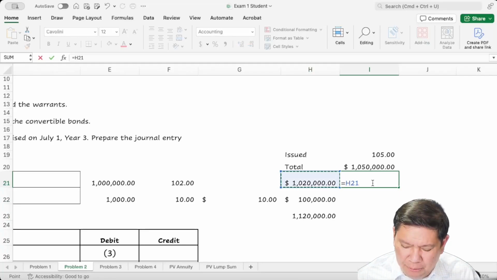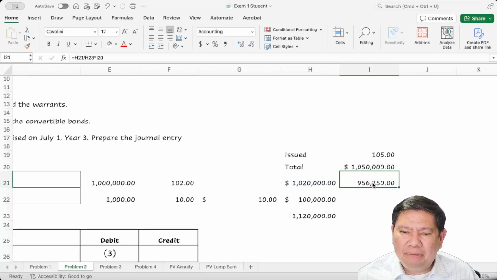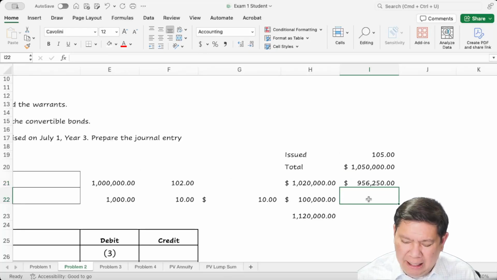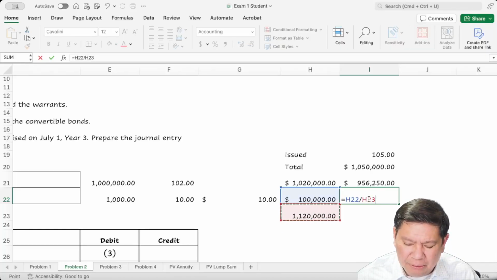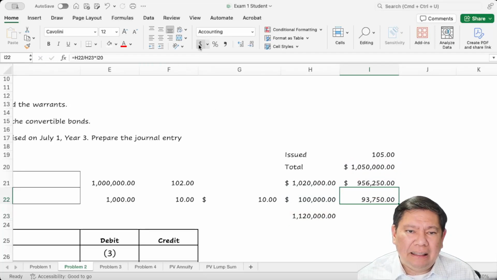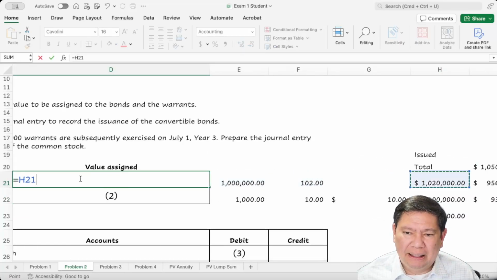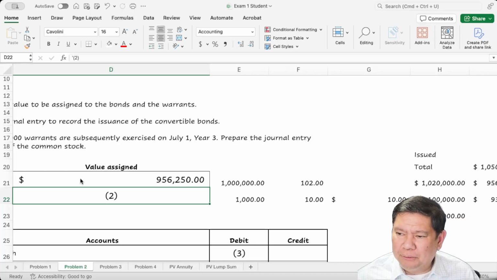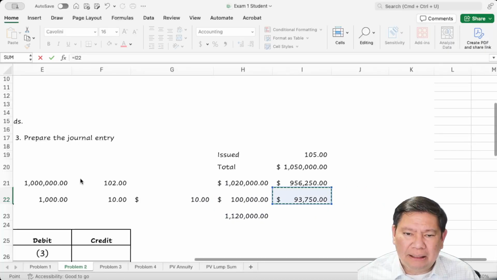So 1,020,000 over 1,120,000 times 1,050,000 is 956,250 allocated to the bonds, and 100,000 divided by 1,120,000 times 1,050,000 is 93,750. Okay, so we have the first two answers here, 956,250 and 93,750.